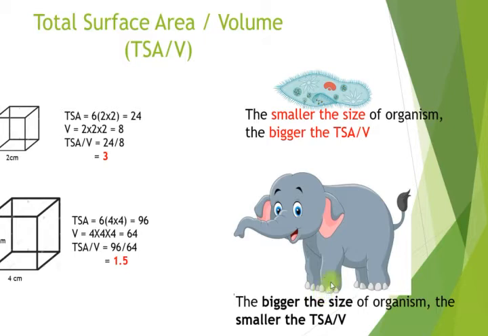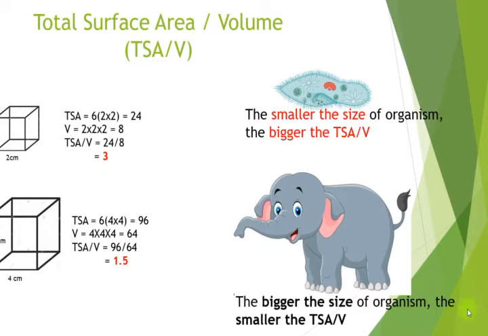So why do you have to know about the TSA per V? Because the TSA per V will determine the transportation of essential substances such as oxygen and nutrients into the body.